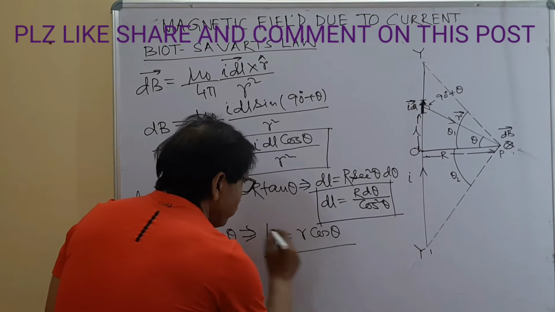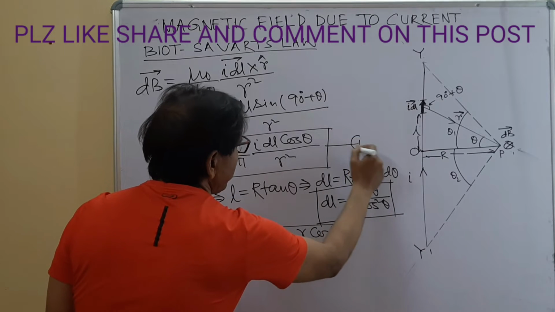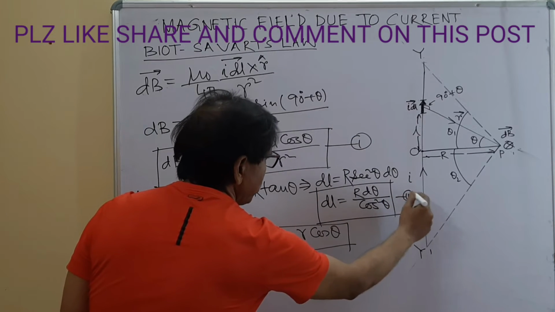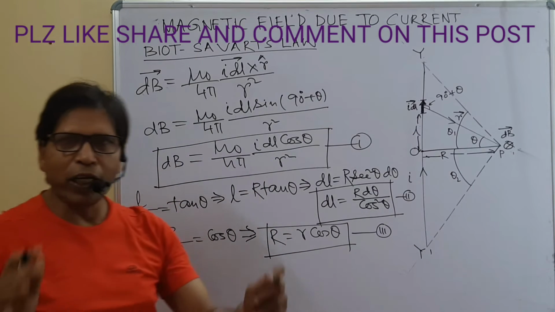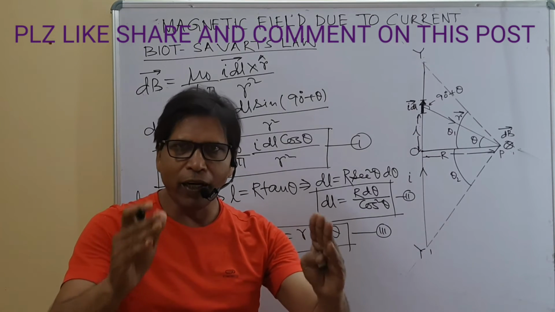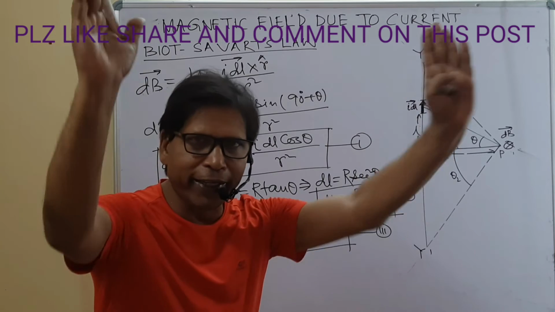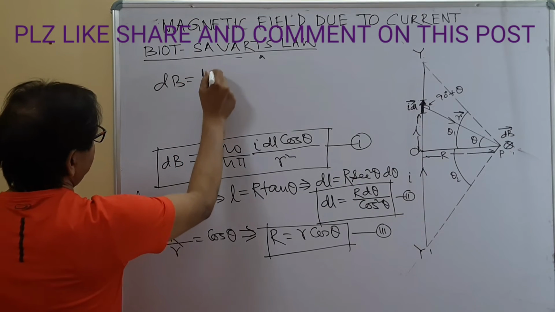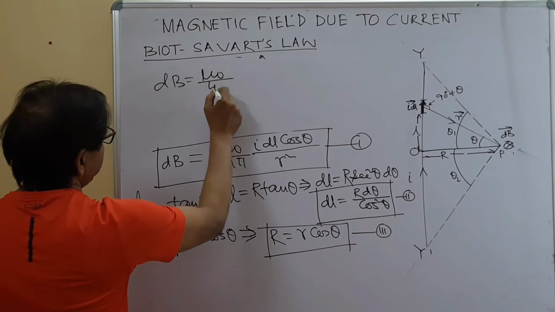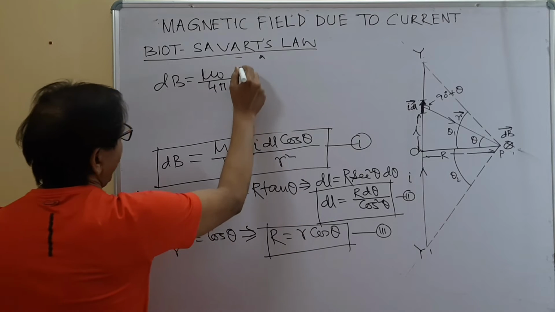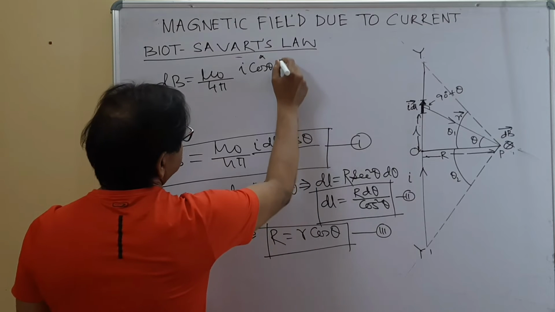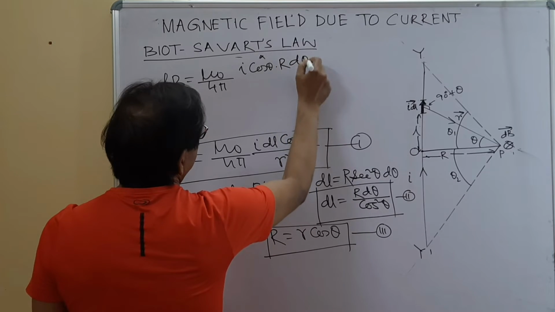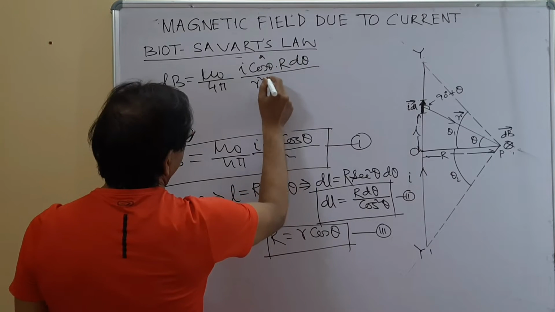Now this is equation 1, this equation 2 and this equation 3. Now using equations 1, 2 and 3 we get dB equal to mu naught by 4 pi, I into cos theta, and dl is R d theta divided by cos square theta, over small r square.